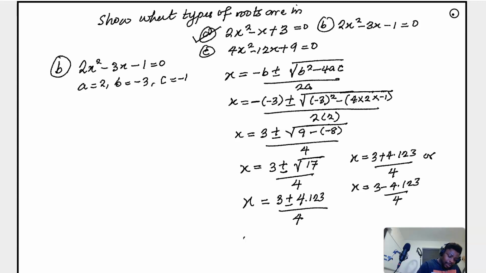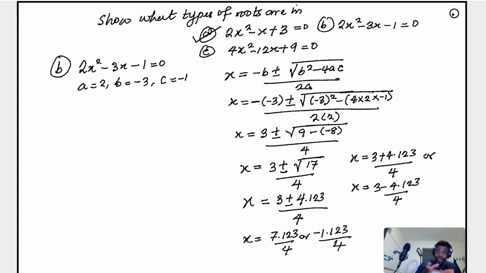Okay, so in this case I will say 3 plus 4.123, that is 7.123 over 4, or 3 minus 4.123, that will be minus 1.123 over 4.